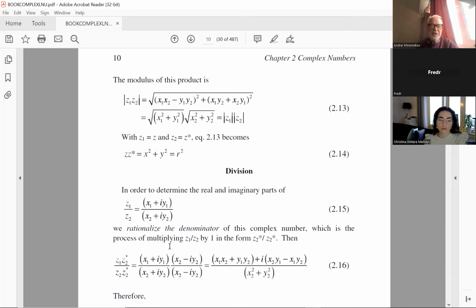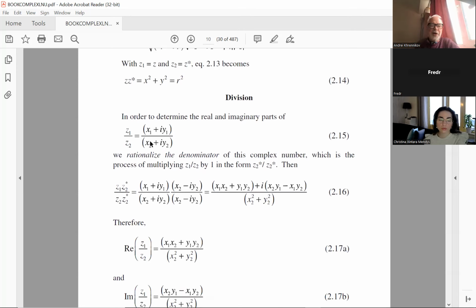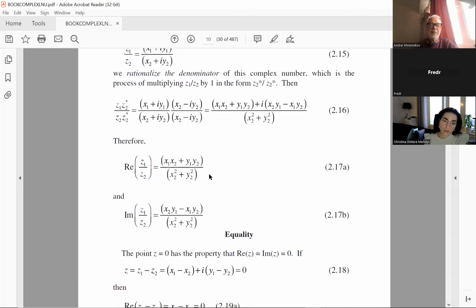How do we struggle with this i? We multiply the denominator by its complex conjugate. And we know that z times z star is equal to the square of the absolute value, or modulus. So i disappeared from the denominator, and now we can write our number with this real part and this imaginary part.